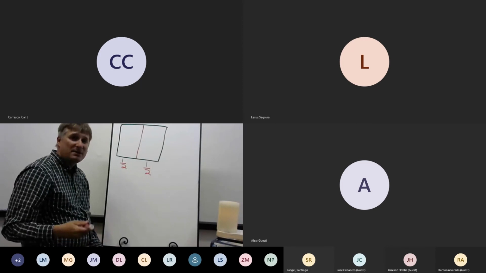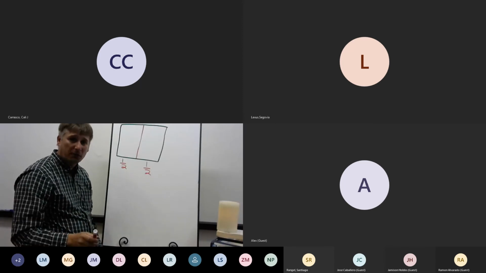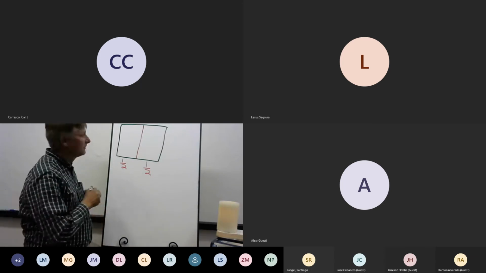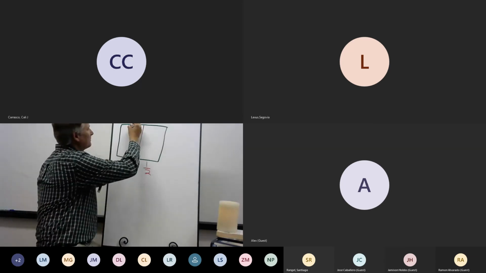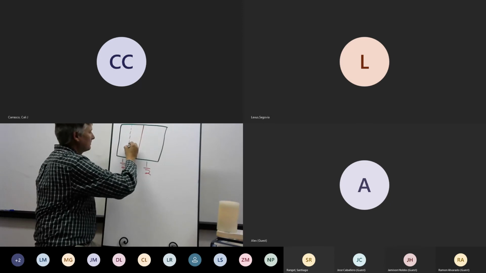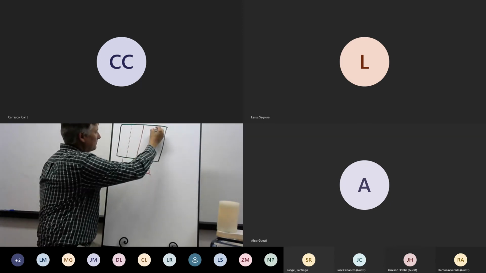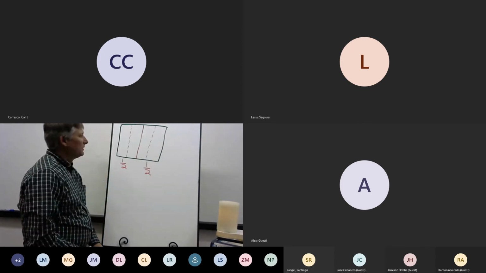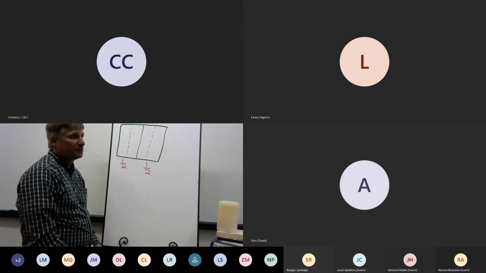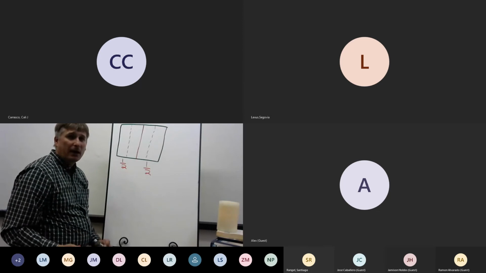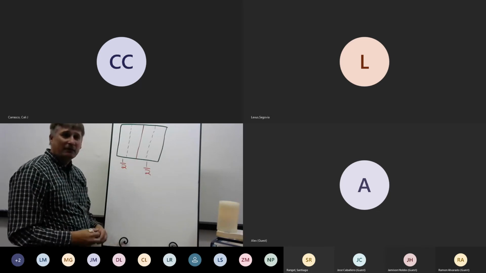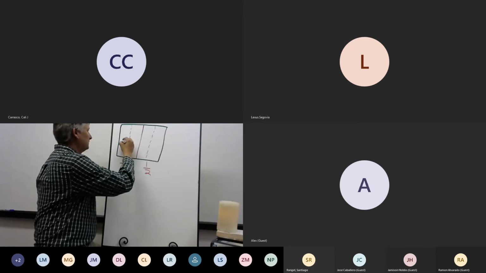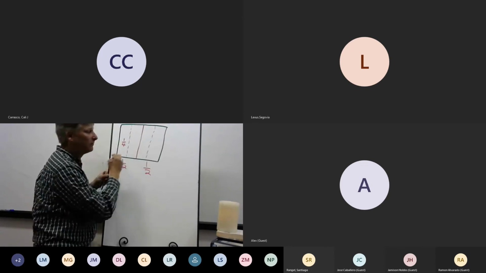Now what I'm going to do is I'm now going to divide this into 4ths. So I want to divide this in now 4 equal pieces. So the question we want to answer is, how many 4ths appear in a half? Well, let's take a look at one of these halves. I'm going to label my 4ths.